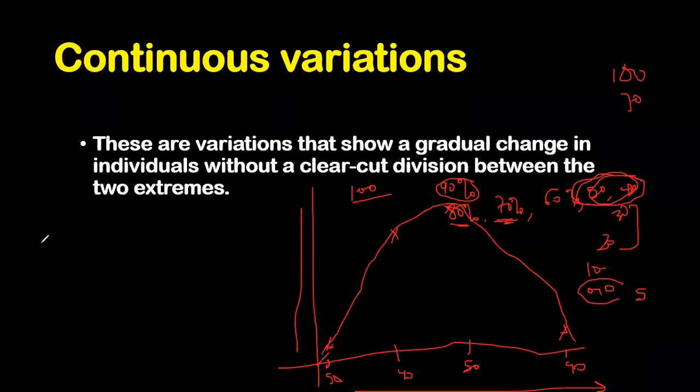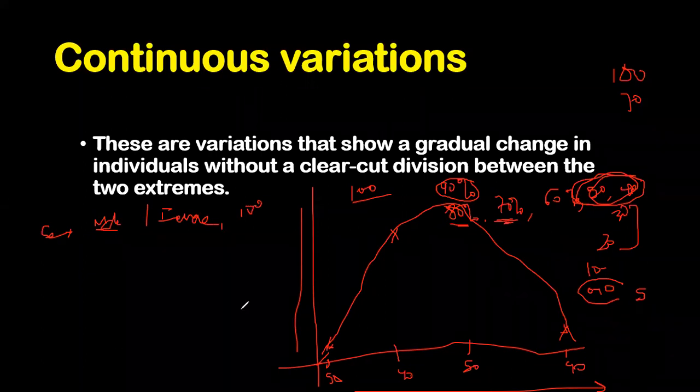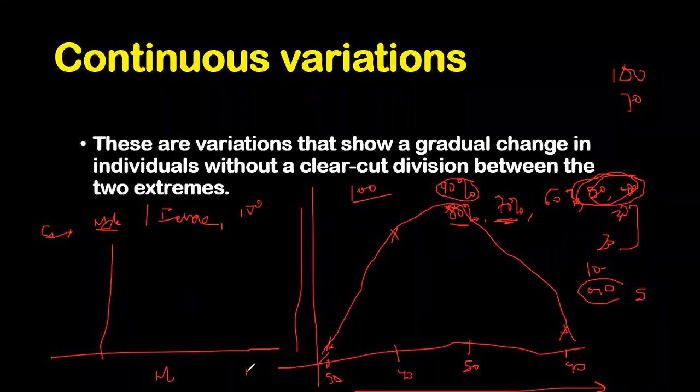But if it is sex, for instance, you are plotting a graph of males and females, and you have your 100 people. Really, can you get such a curve? You would have males and females, and then you have a number of people here.